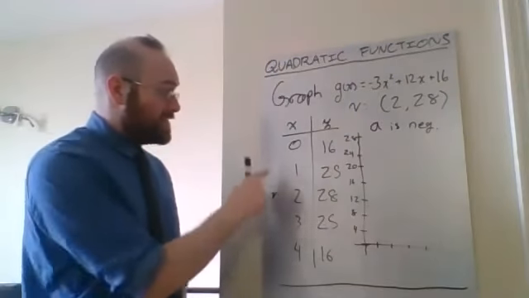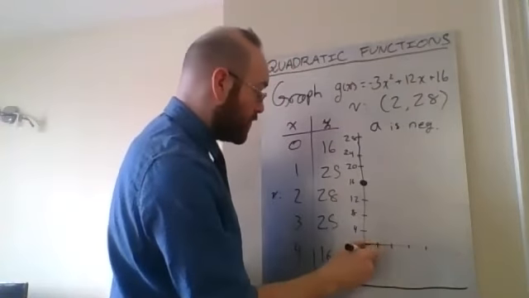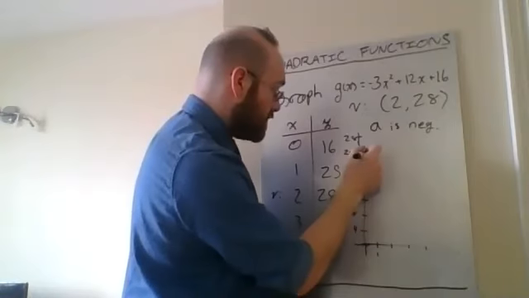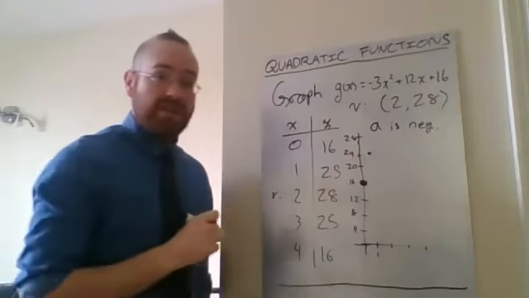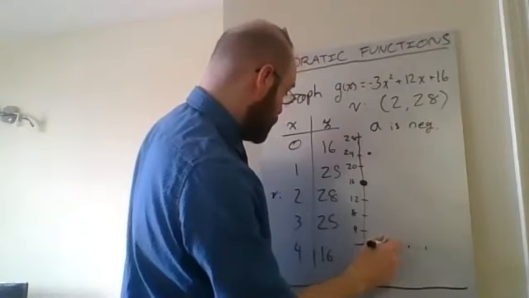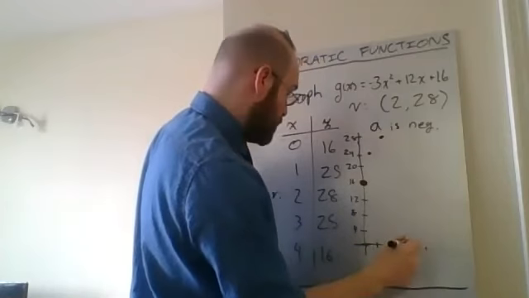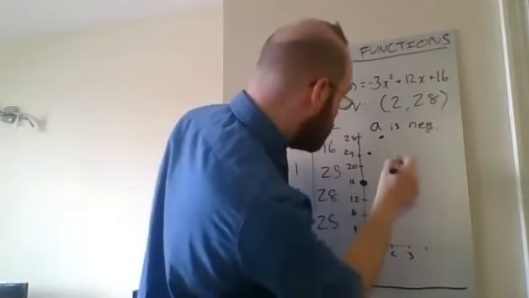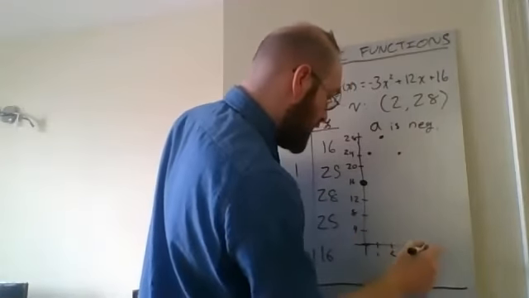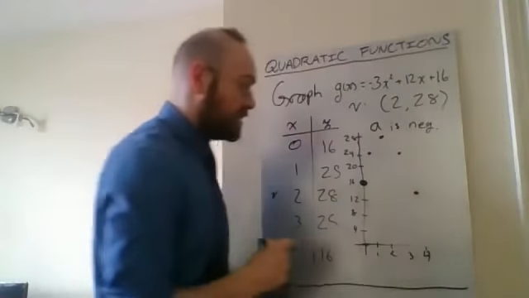So at 0, we go up to 16. At 1, we go up to 25. 25 is going to be slightly higher than 24. Then at 2, we come up all the way to 28. 3 brings us back to 25. And 4 brings us right back up to 16.